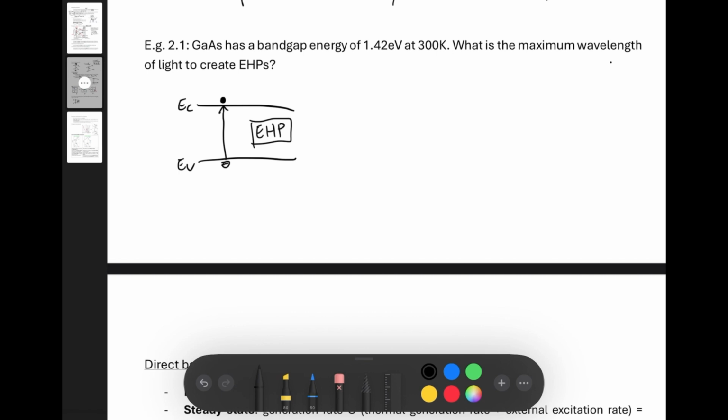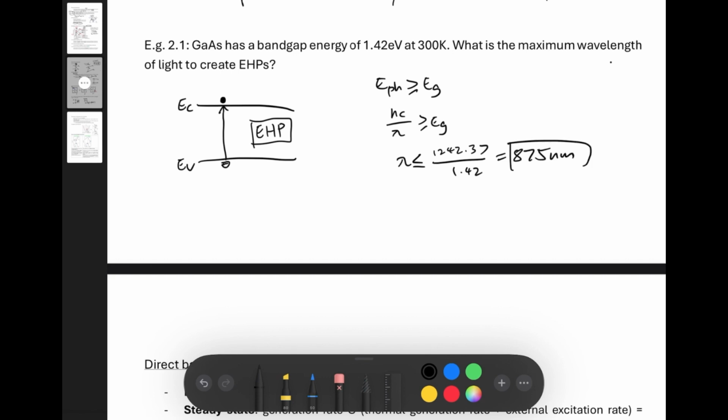So for this, the photon energy again must be larger than or equal to the bandgap energy, and then we can find the maximum wavelength here, which is approximately 875 nanometers. So that's the answer, 875 nanometers.